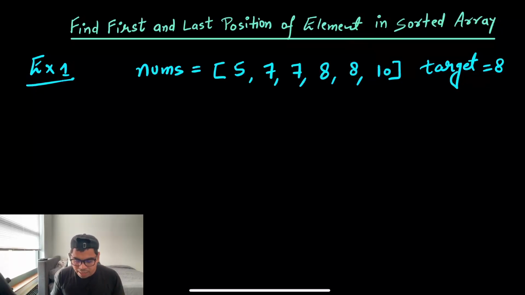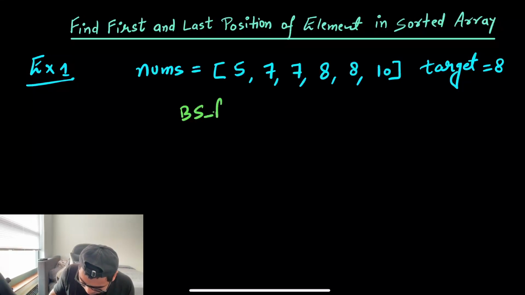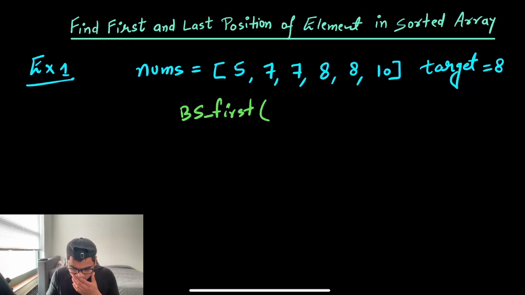So how about I have two binary search functions: bs first and bs last, each taking the target we are going to find. So we'll send it nums or l, r or whatsoever.